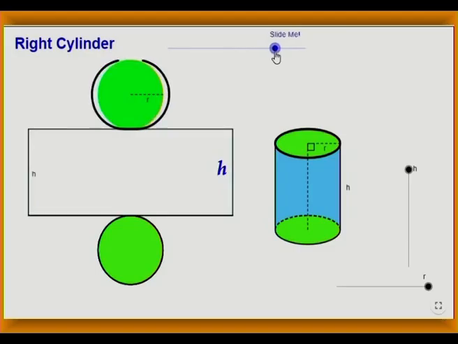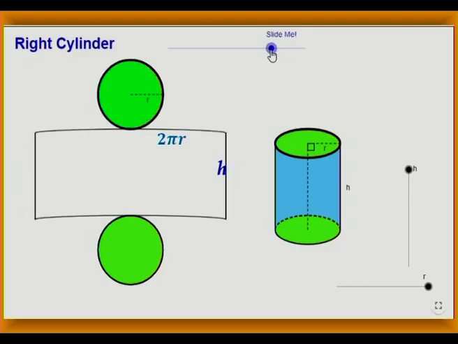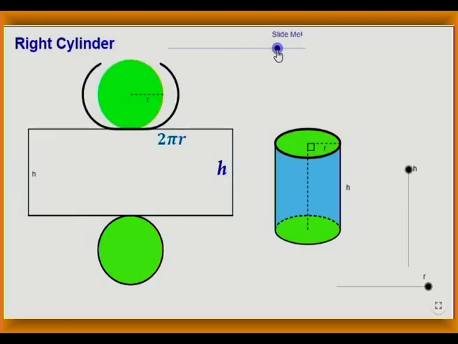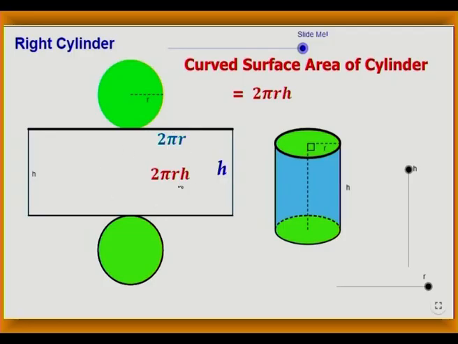Further, observe the circle at the top, the black colored line is its circumference, and if you open it further, the circumference of the circle becomes the length of the rectangle. We know that the circumference of a circle is 2 pi r and the height is h. So the dimensions of the rectangle are 2 pi r and h, and that is how we can observe that the curved surface area of a cylinder is 2 pi r into h.